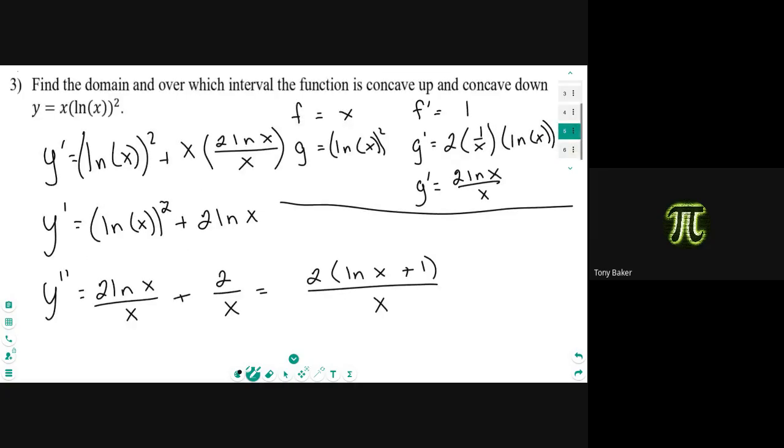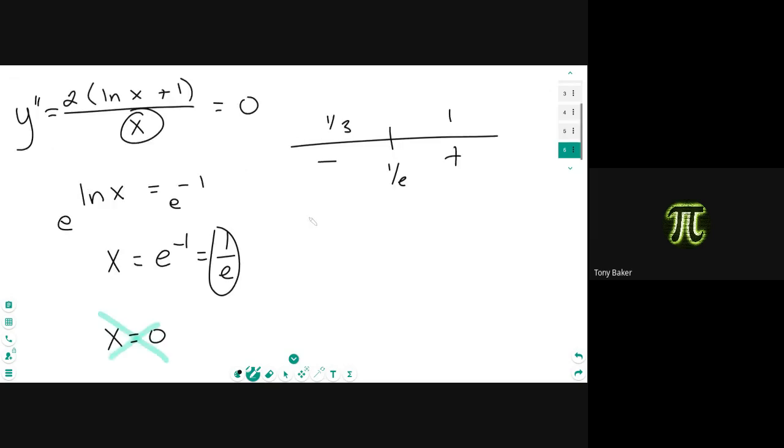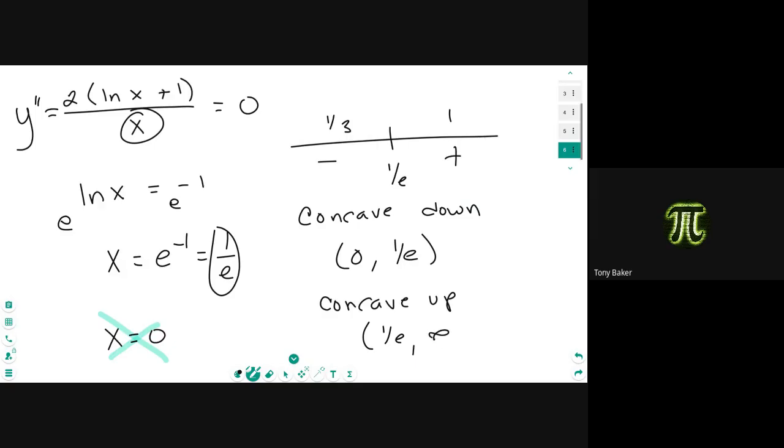So since the original function can't go less than 0, I'm concave down from 0 to 1 over e, and I'm concave up from 1 over e.